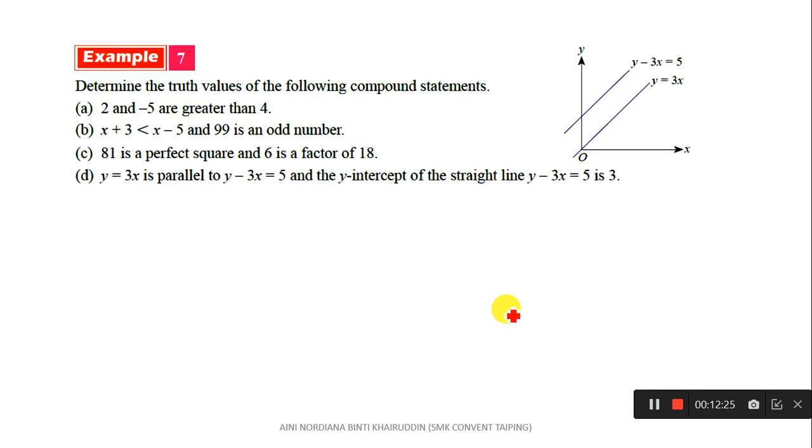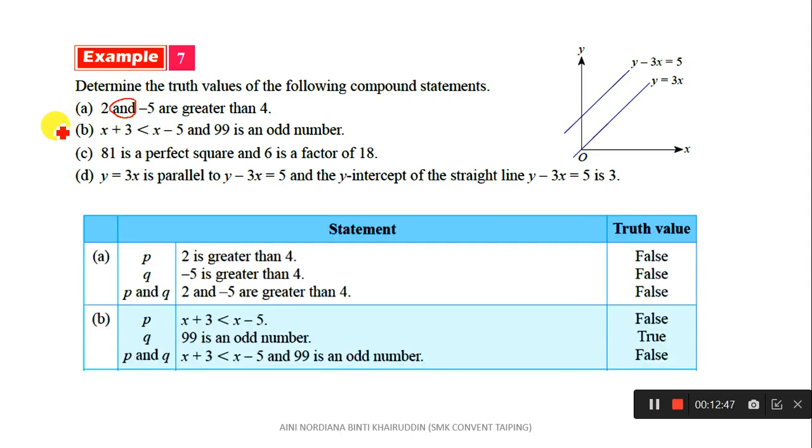Have a look at this example. Determine the truth value of the following compound statement. Look at the word "and": 2 and negative 5 are greater than 4. Identify the statements first. The first statement P is 2 is greater than 4.